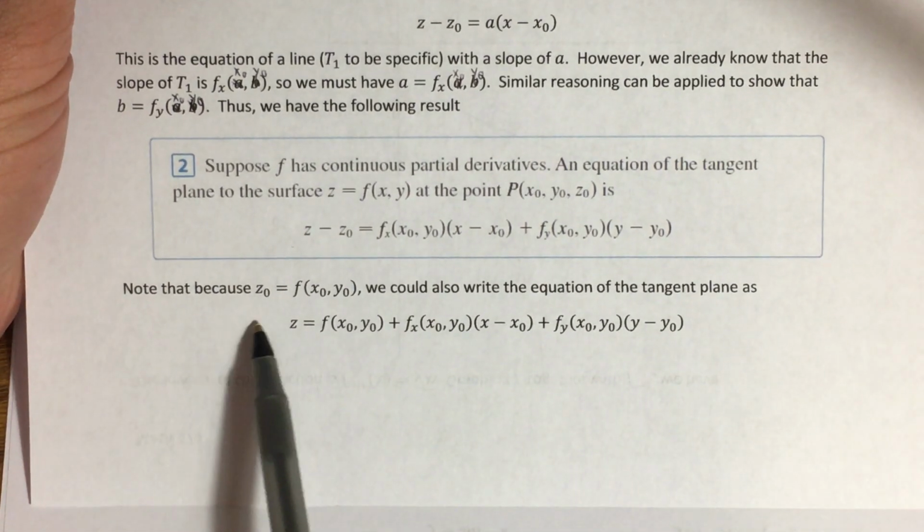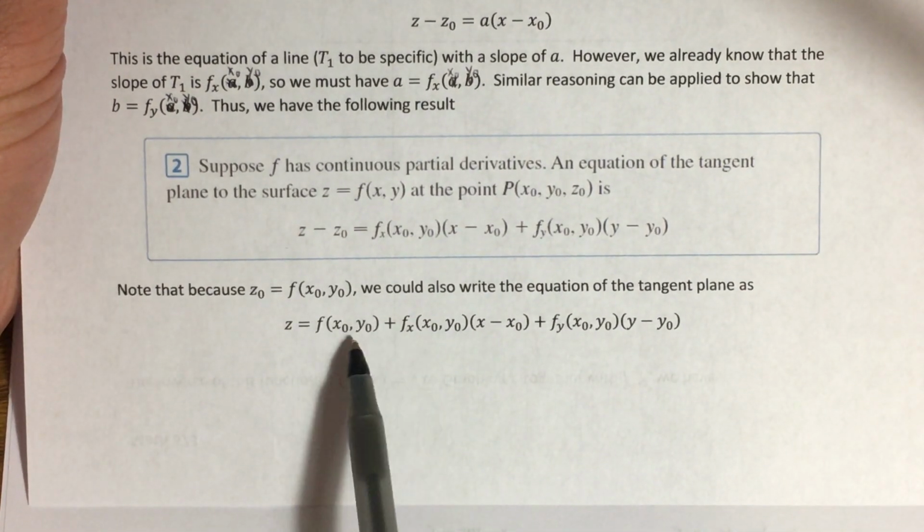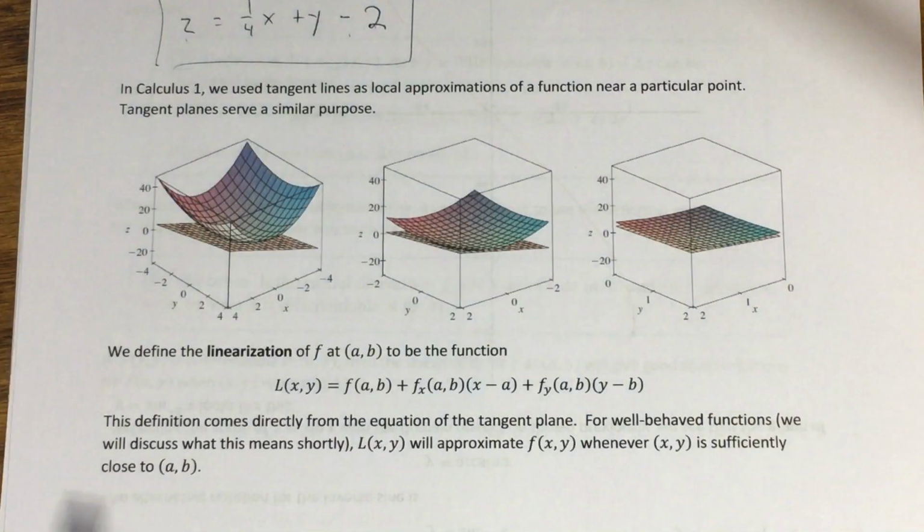Instead of z, I'm writing L of x, y, and then I'm using a's and b's instead of x naughts and y naughts. And again, what that means is that if I plug in values for x, y that are relatively close to (a, b), then this is going to give me quantities that are very, very close to what I would have gotten from plugging x, y directly into my function f.